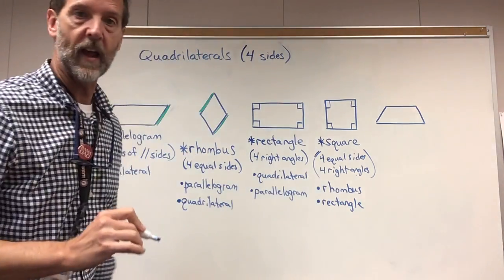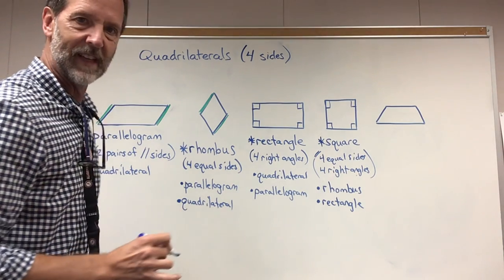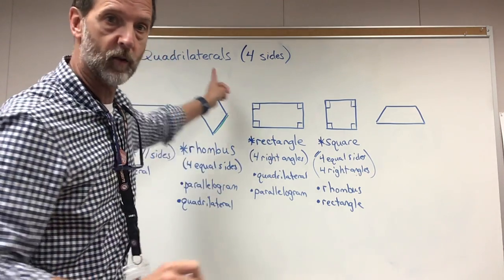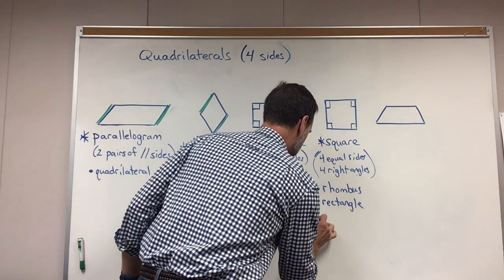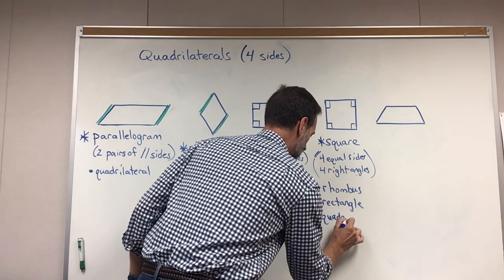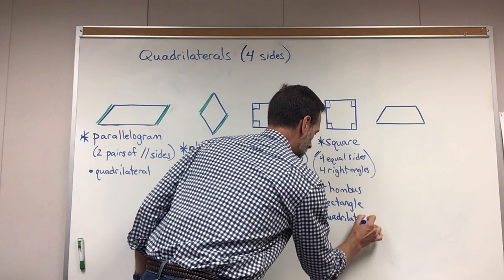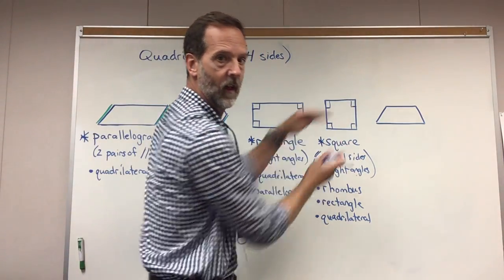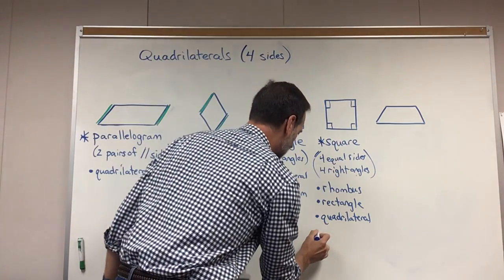Because it has 4 right angles. All right? What else is it? Let's see. It has 4 sides. That makes it a quadrilateral. And it has opposite sides that are parallel, and that makes it a parallelogram.